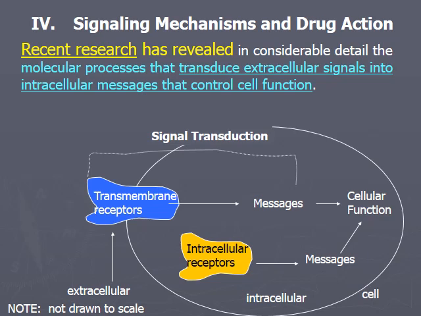So the message out here, but something's happening in here. That's pretty interesting. How does that happen? And so this arrow is pointing to the word messages, which is pointing to the word function, cellular function. So something's happening out there that's resulting in messages in here that's affecting the cell's function.